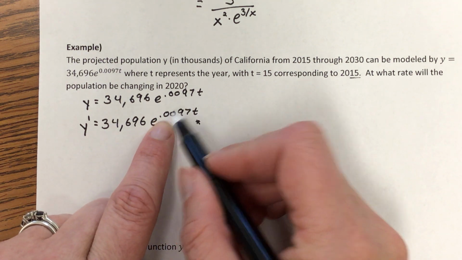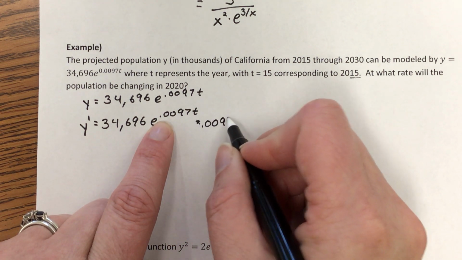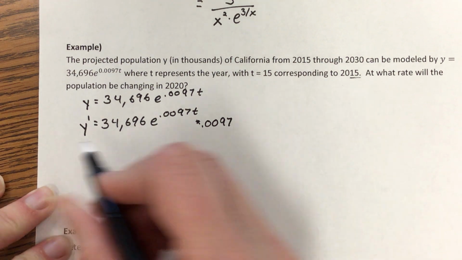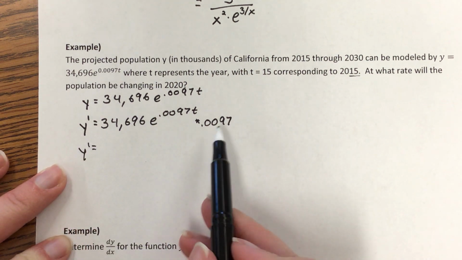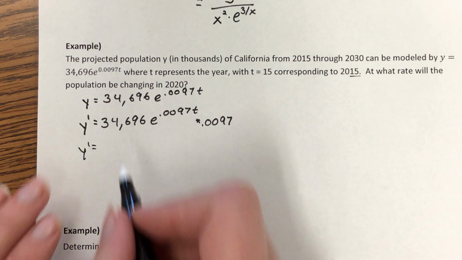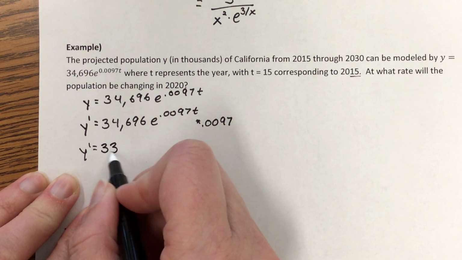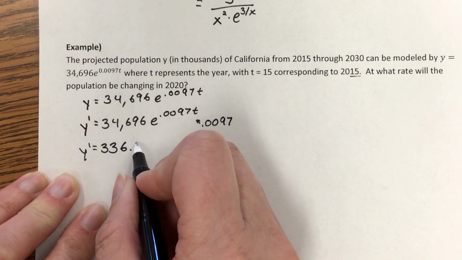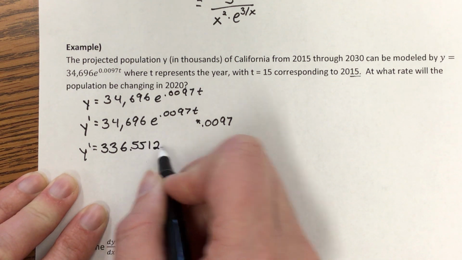This is u, the derivative is 0.0097. Now we're going to clean that up a little bit. Y prime equals, we multiplied 0.0097 times that 34,696, and we get 336.5512.